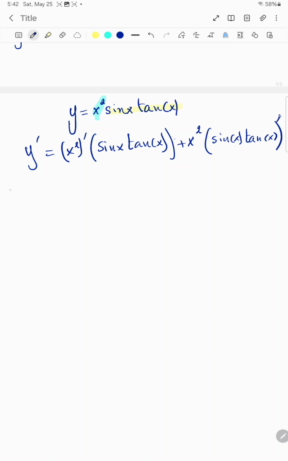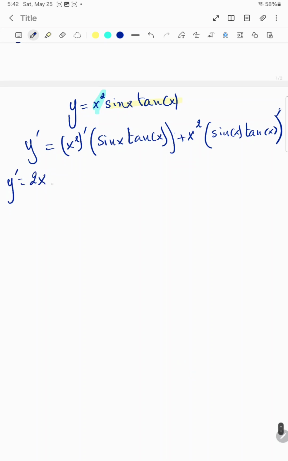So now let's derive it. Y prime, the derivative of x squared is 2x times sine of x tan of x, plus x squared, and then here I will take this as my u and this as my v. So I'll open my big parenthesis.